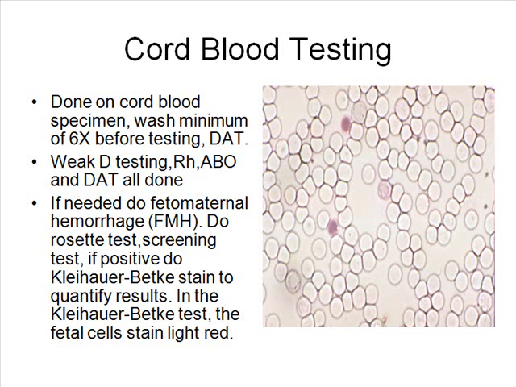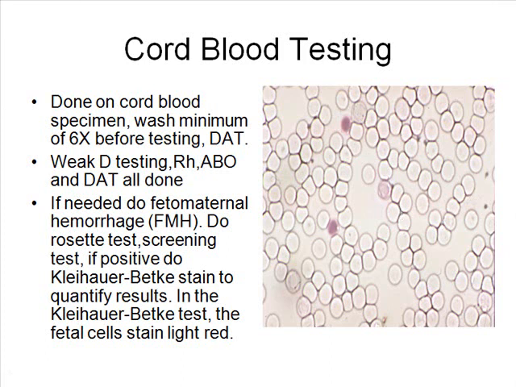Because the fetal cells stain light red, and the moms are, yeah, and here you can see in this picture, this I would say is a fetal cell. You see how they're stained darker because they are resisting the alkali.